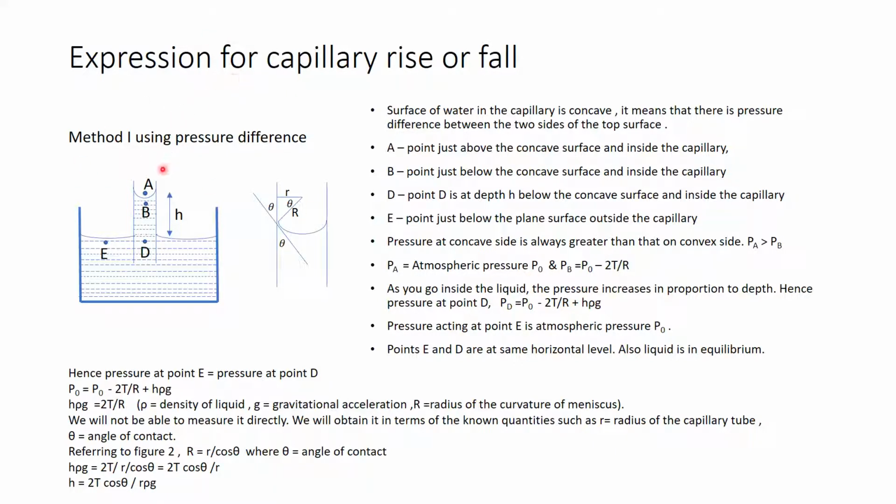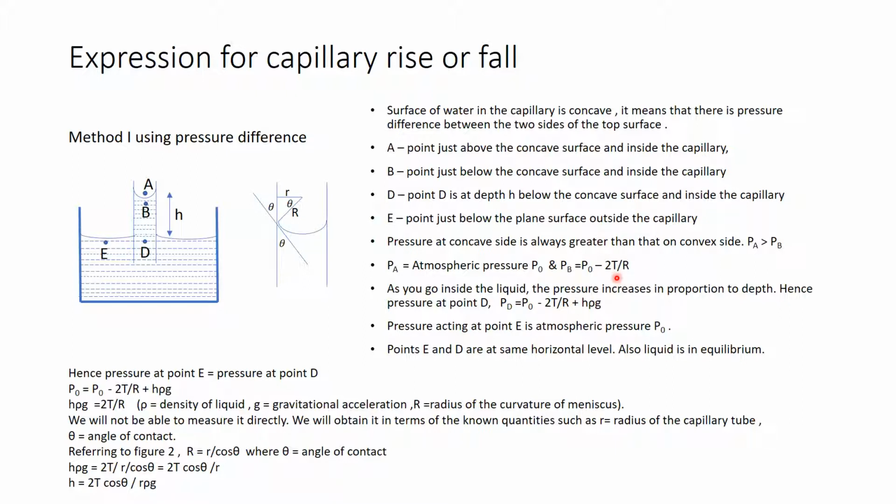Now, point B is just below the concave surface, so it is on the convex side, and therefore the pressure at point B will be smaller than P0, which is the pressure at point A. By how much will it be smaller? 2T by R. Do you remember?